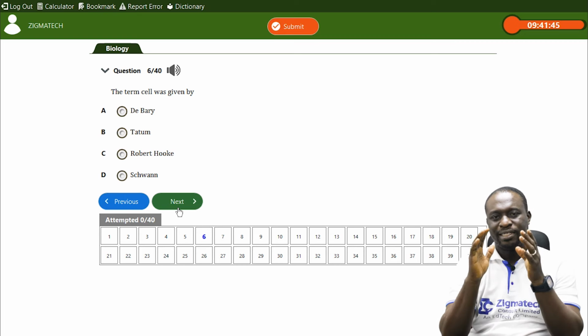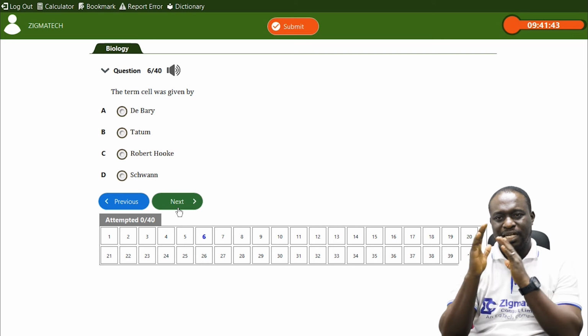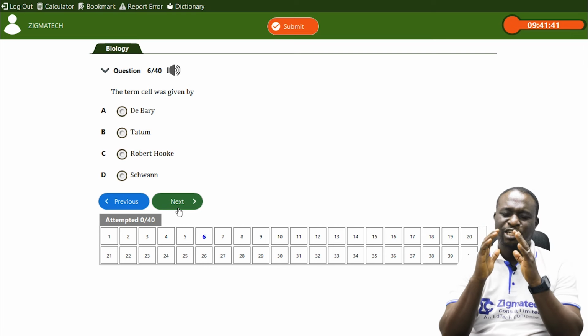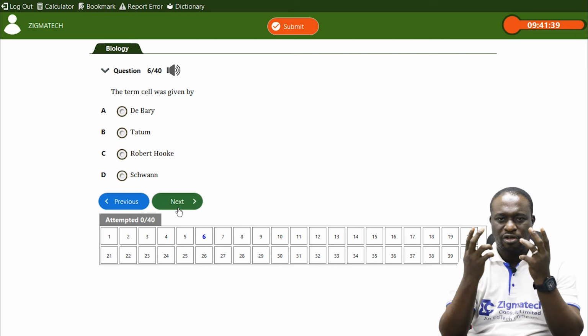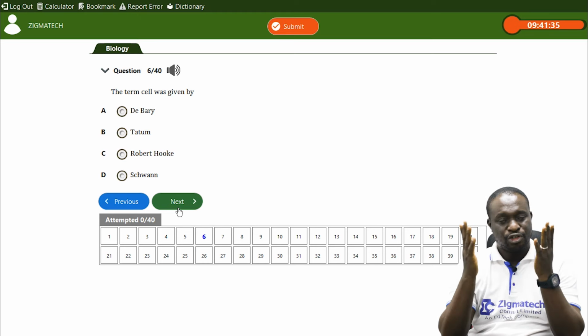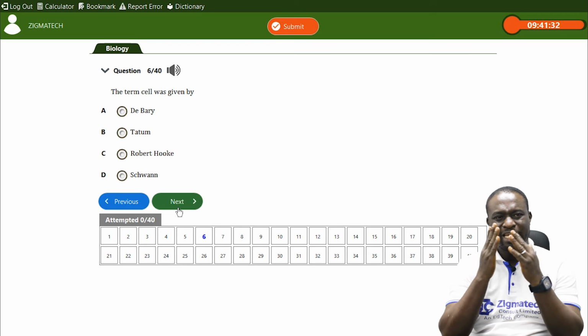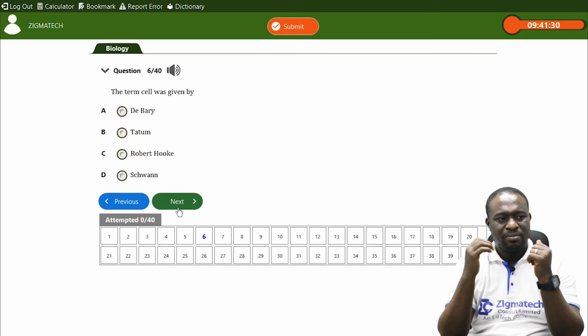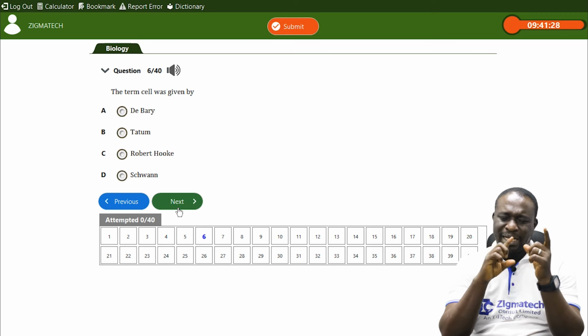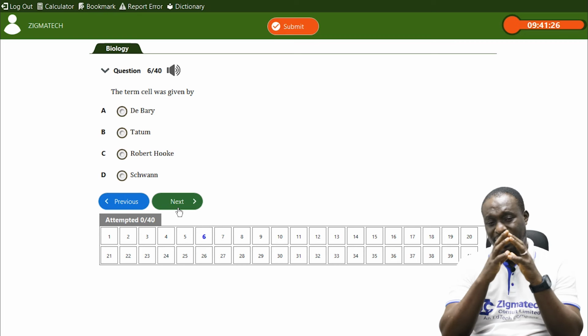Now, these two, C and D, that's Hooke and Swann, they actually came up with several discoveries about the cells. Now, I think Theodore Schwann came up with a discovery that either plants or animals are made up of cells.